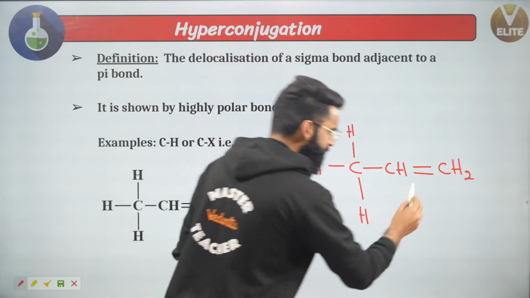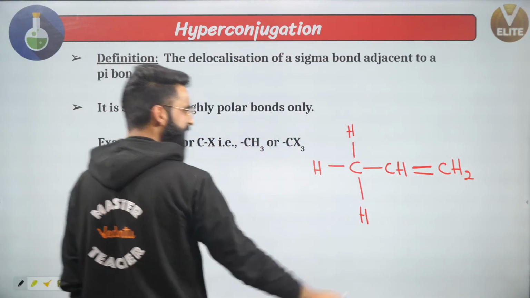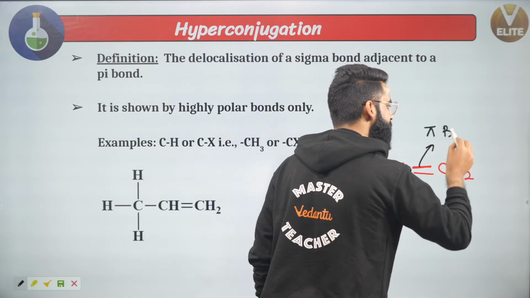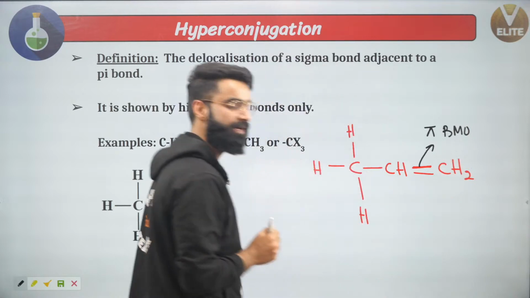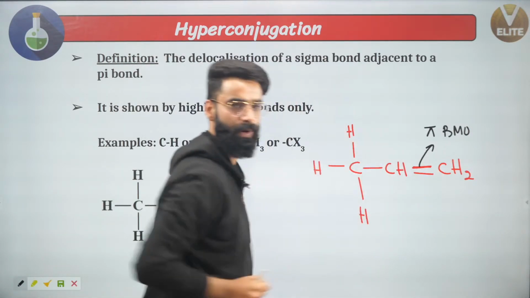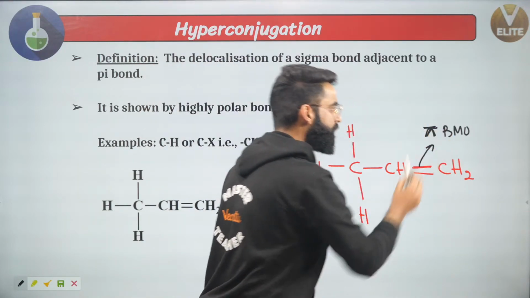Understand properly. See, this is first of all a pi bond. If it is a pi bond, that means this is basically the pi bonding molecular orbital, because a bonding molecular orbital always remains between the nuclei of the two atoms. So this pi bond is formed by the pi bonding molecular orbital.